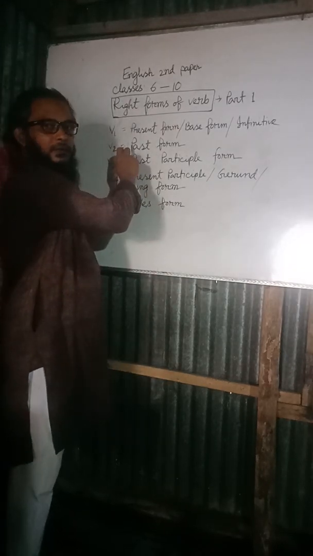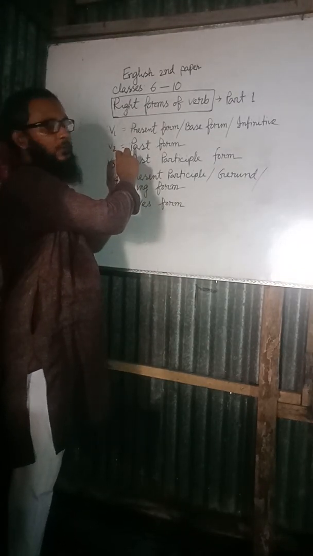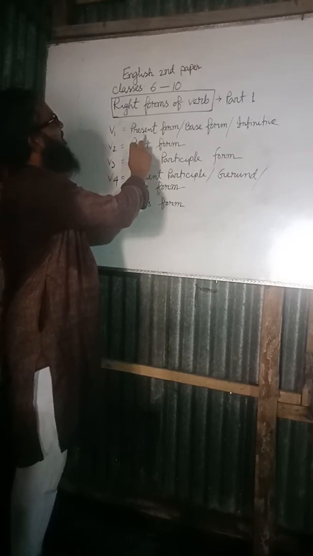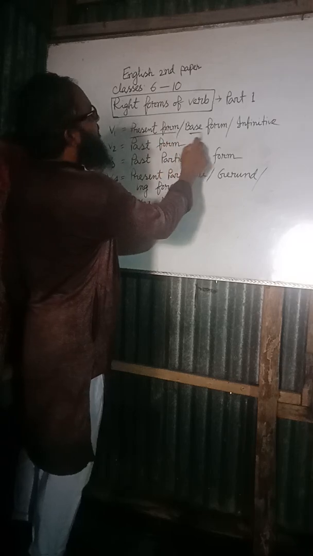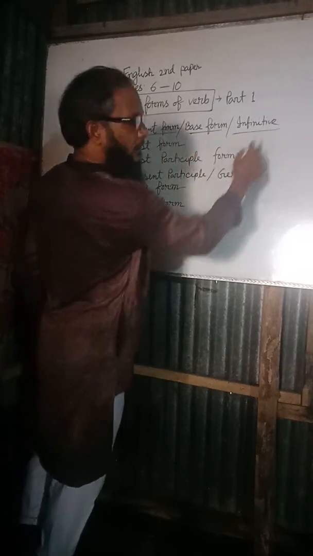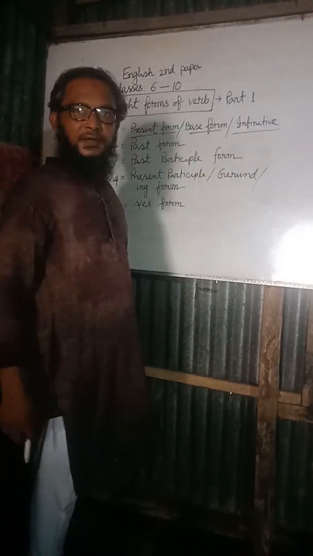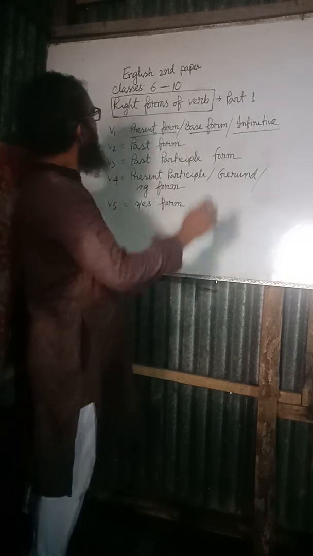Number 1, V1. This is the very first form of verb. V1 means present form or base form or infinitive form. Do you understand it? I think so.